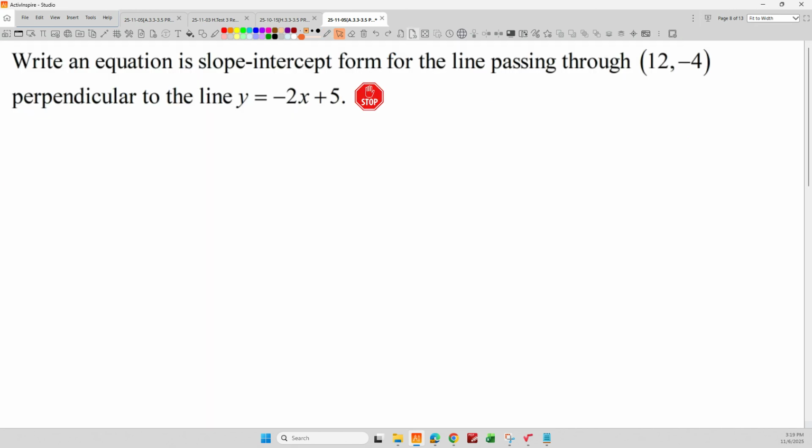I'll turn you loose. Okay, so now we want to write an equation that goes through this point, 12, negative 4, perpendicular to this other line. Okay? So we got to figure out the stuff to plug in for y1, x1, and m.